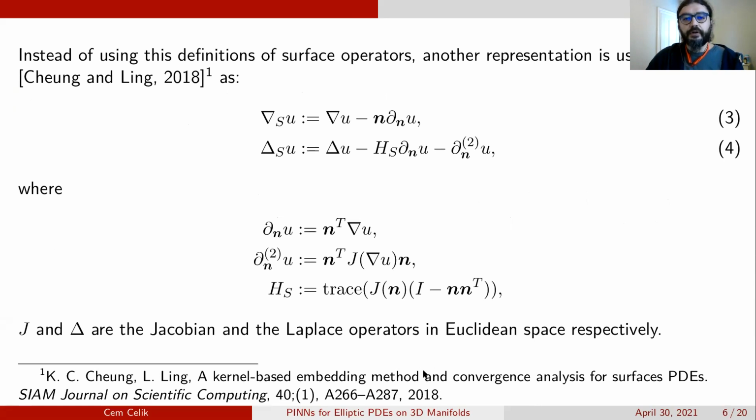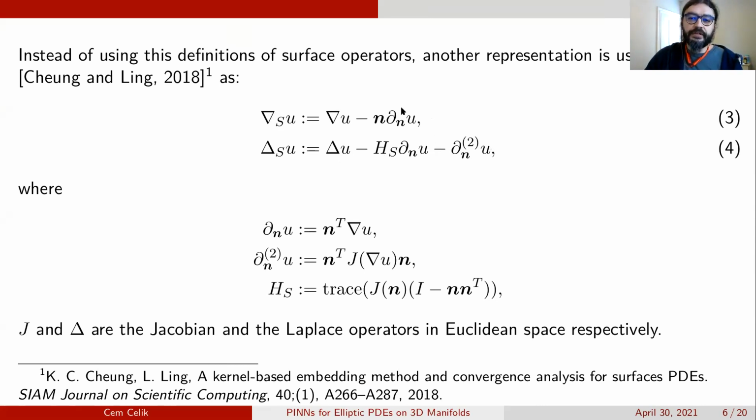The authors consider these representations instead of using the direct definition. These representations are given in that article: the surface gradient operator is defined by the regular gradient operator and an extra term, and the surface Laplacian operator is defined by the regular Laplacian and extra terms.